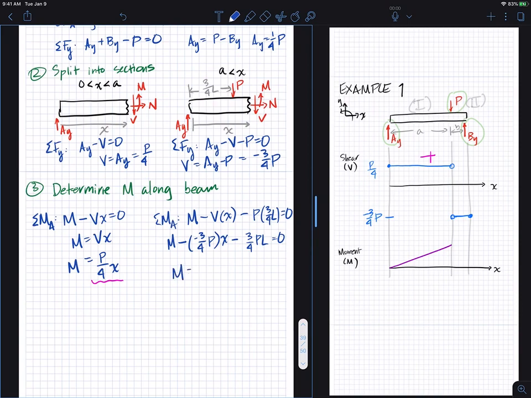So M is equal to still a negative, right? This is going to become positive, so bring it to the other side: minus 3/4 P, again a function of X, plus 3/4 PL.